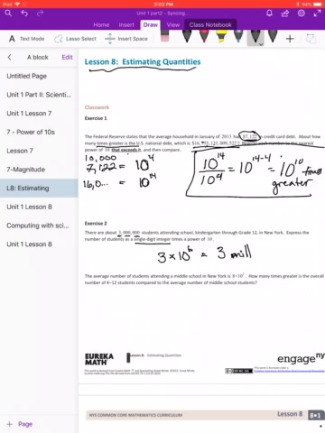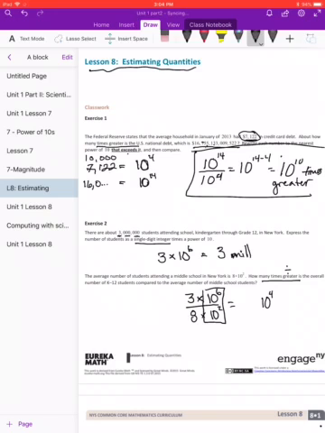The next part of this question says the average number of students attending a middle school in New York is 8 times 10 to the second power. How many times greater, again, that's going to tell me division, is the overall number of K-12 students compared to the average number of middle school students? Well, I'm going to take the total number of students, 3 million, and divide it by the number of middle schoolers, and it's going to give me 10 to the fourth power.